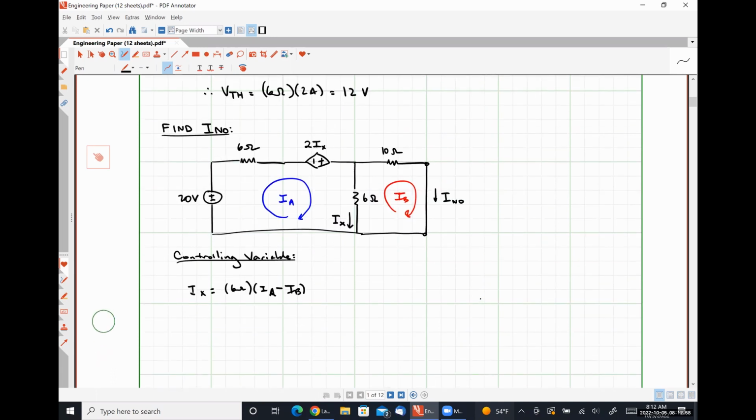I don't have any current sources in this circuit, so I don't need to worry about any current relationships.